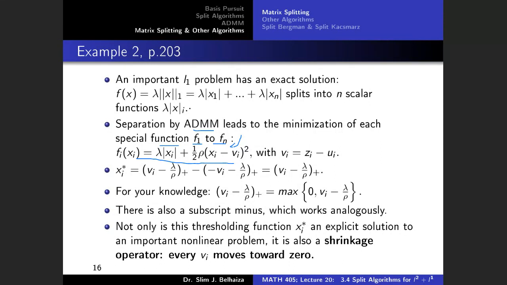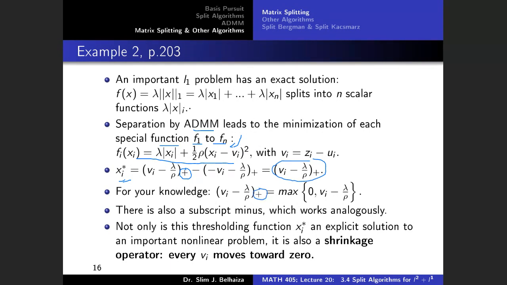Now, xi hat would be equal to, I'll just explain what this plus subscript means. vi is, so this is the closed form solution, vi minus lambda over rho, plus, minus vi minus lambda over rho, plus. To understand this, you need to understand the subscript.